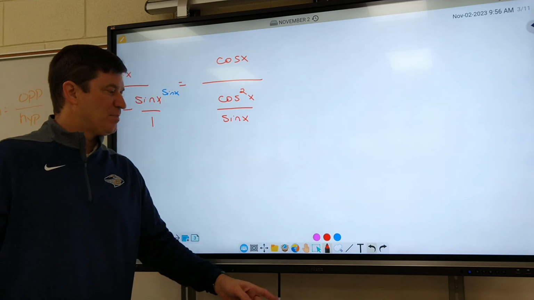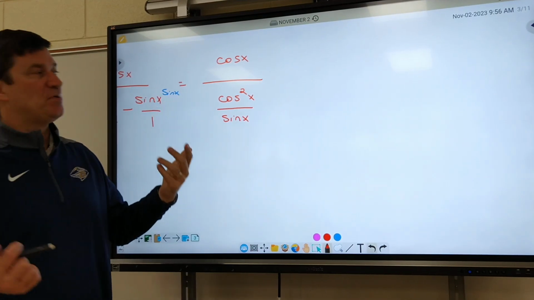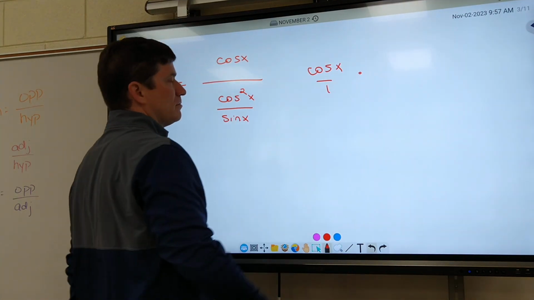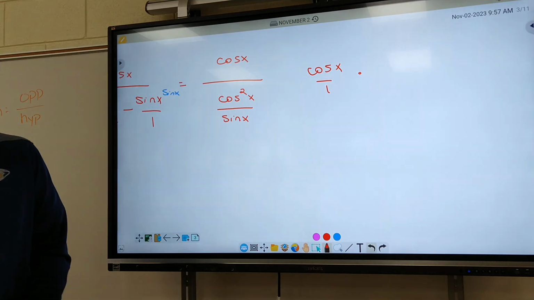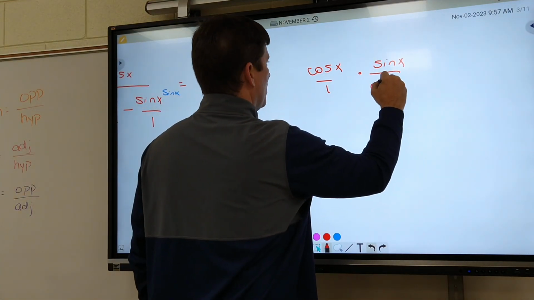All right, last step is normally keep, change, flip. It is on this one too. Keep, change, flip, and you're done. So I keep the top, cosine x over 1. And I flip the bottom, which would be sine x on top, cosine squared on bottom.